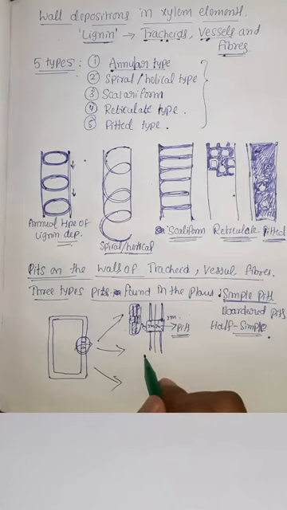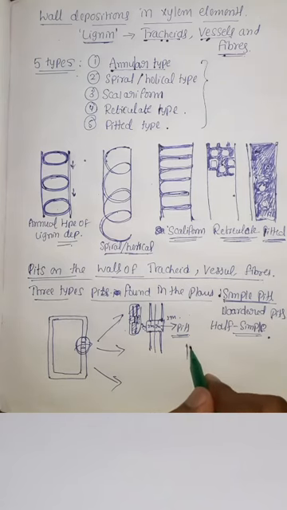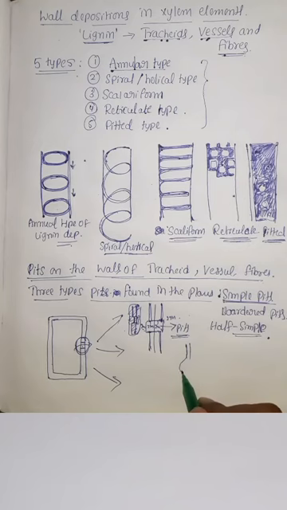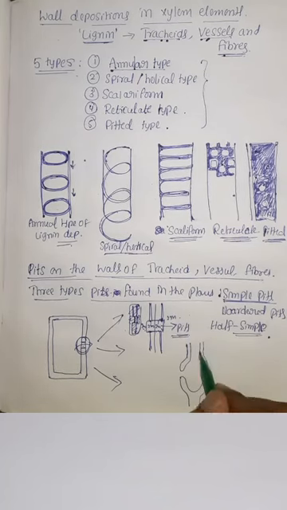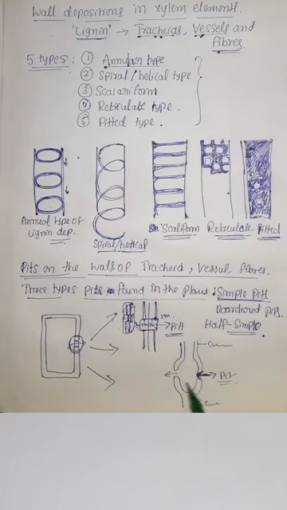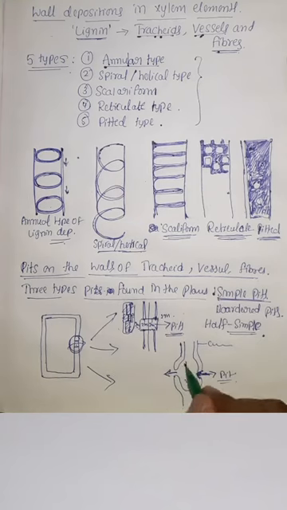In case of bordered pits, the pit is a little bit complex. This is cell wall, this is cell wall, this is pit. Here the pit is narrow, and it is very wide in the middle, meaning there will be a broad lumen.